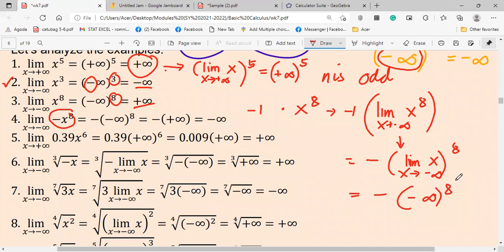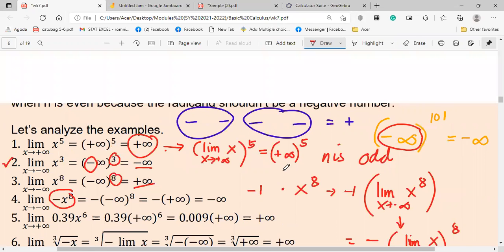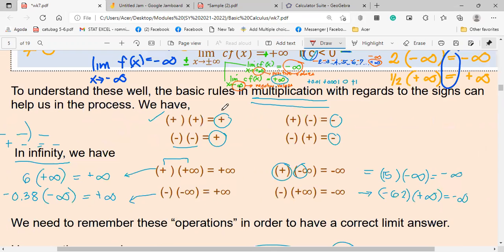And since the power is 8, which is even, then positive infinity yung magiging result. Negative and then positive infinity. Negative times positive is negative. Remember? Because this is considered to be negative 1 constant times, bumalik lang tayo dito, class.